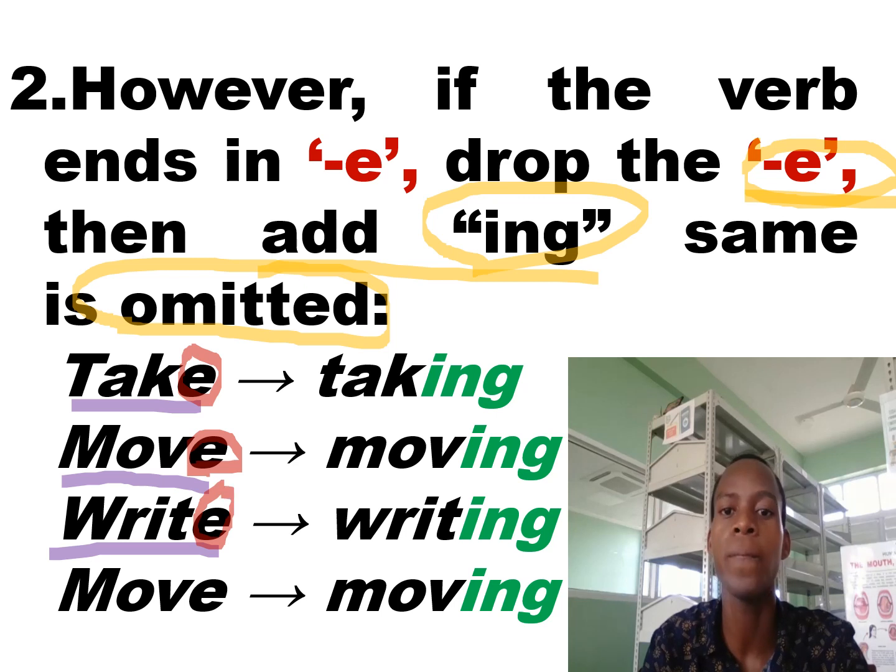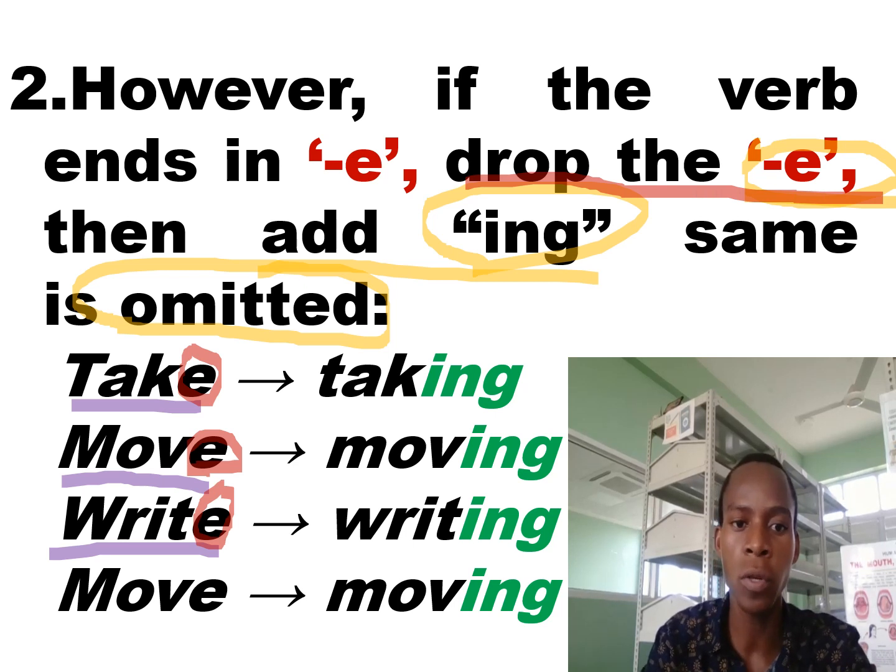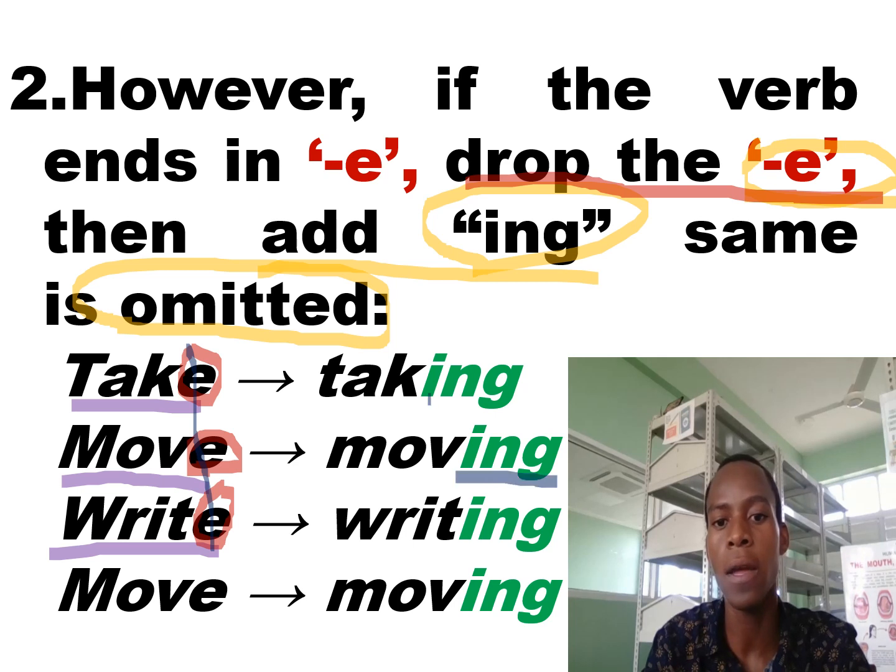We need to drop it. The principle says drop the e. So we are going to cancel these. Then we add ing to form the present participles.